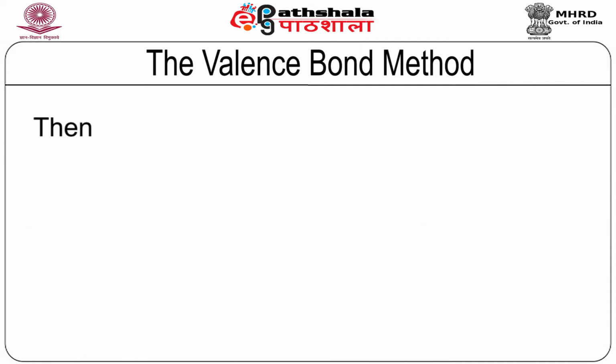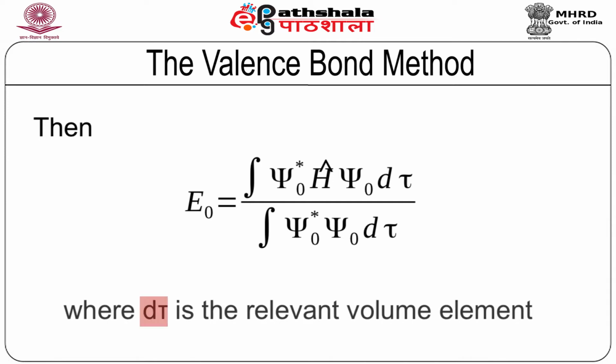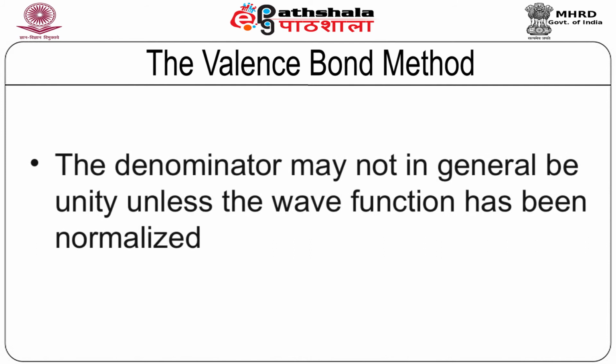Then we obtain the equation E0 equals integral psi0 star H psi0 d tau divided by integral psi0 star psi0 d tau, d tau being the relevant volume element. The denominator may not in general be unity unless psi0 has been normalized.